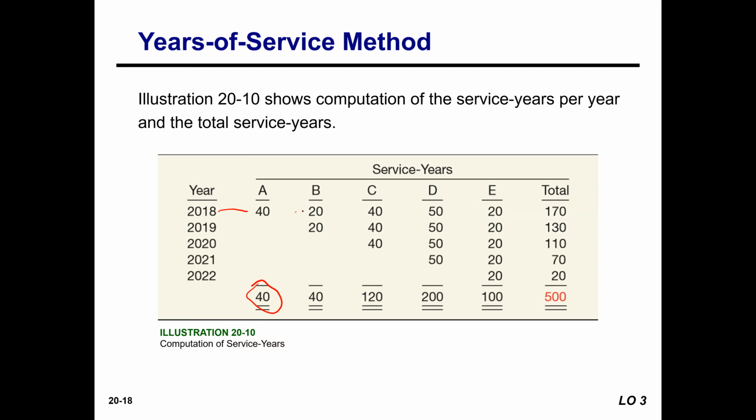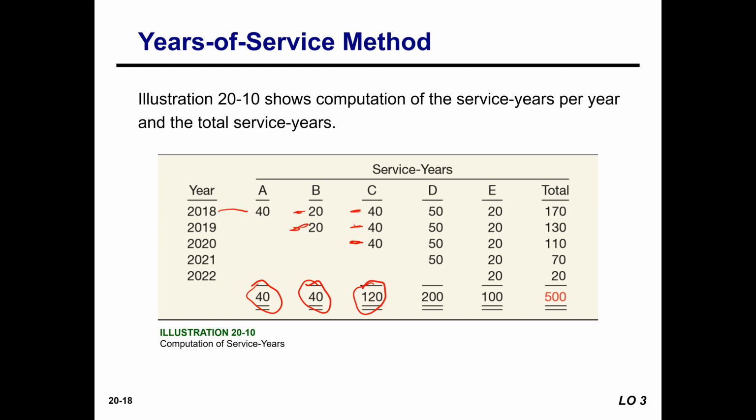So they're going to work 20 years in 2018, and there's 20 of them, they're going to work 20 years in 2019. So that's 40 service years. Remember, in Group C, we had 40 employees that are going to retire in 2020. So they're going to work 40 years in 2018, 40 years in 2019, and then they retire at the end of 2020, so they work 40 years in 2020. So that gives us 120 service years.